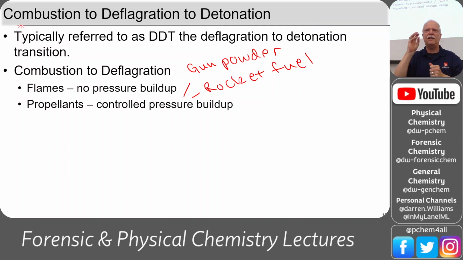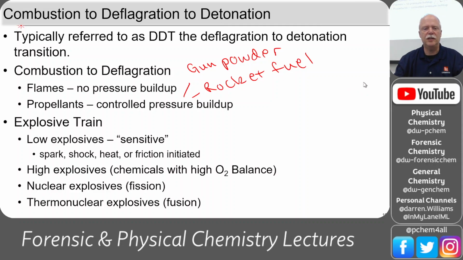He has the fuel and the oxygen spraying into the motor at a controlled rate, and so that's a binary mixture. They're mixing it in the engine, but this would be for like a solid rocket booster or a solid rocket or propelled grenade or something like that. So these propellants would be something that you might come across in a forensic situation.